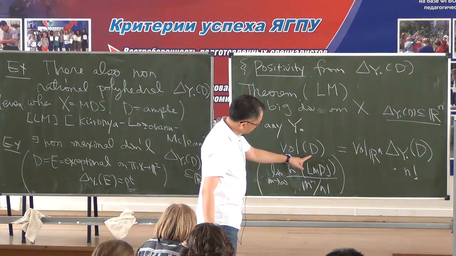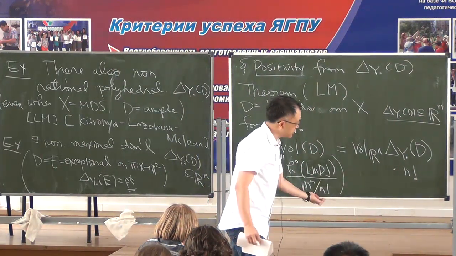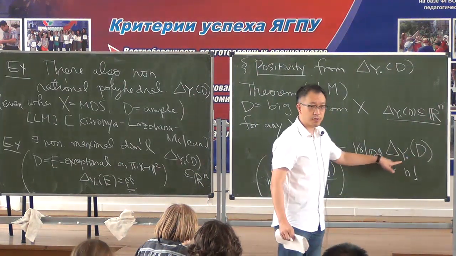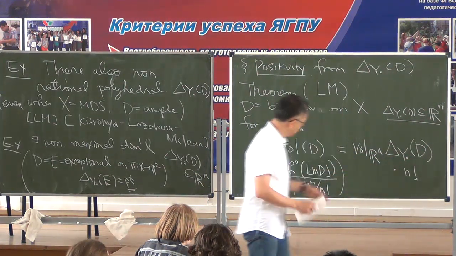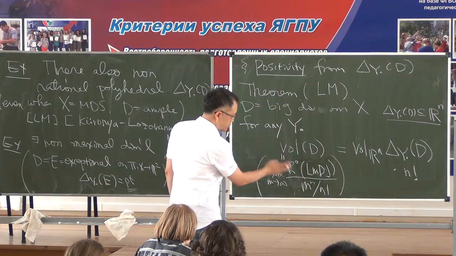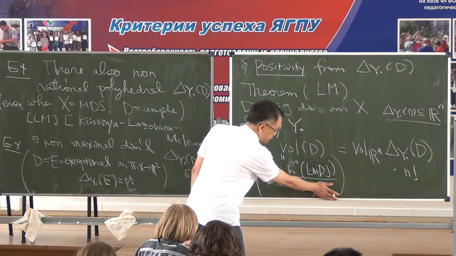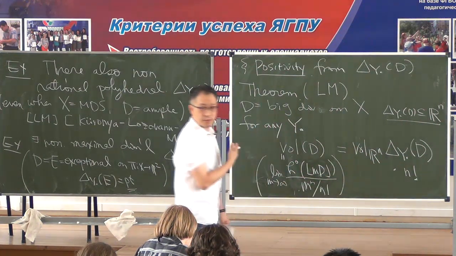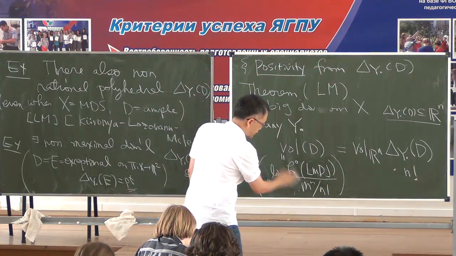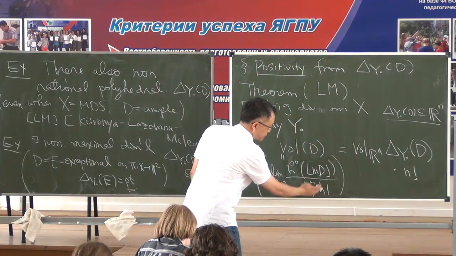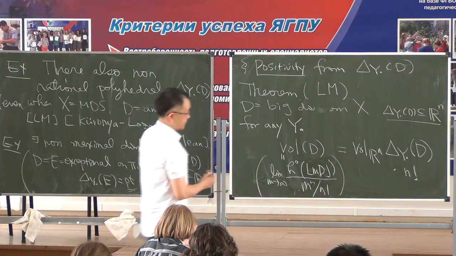So the volume of the divisor is precisely equal to the Euclidean volume of the Okounkov body, up to this constant. If the volume was originally defined without this n factorial, then everything would be perfect, but the original definition contains this n factorial term.